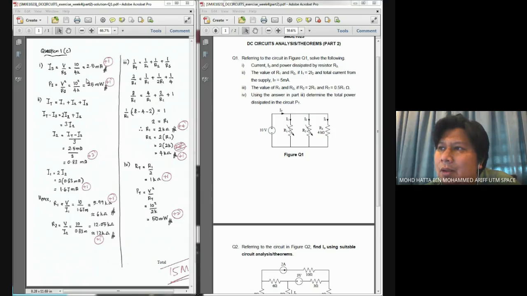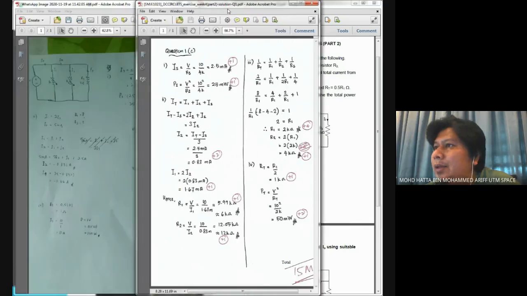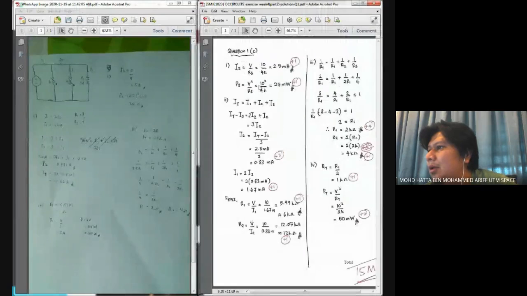Here, my answer, for calculating currents, I use a basic Ohm's law, where here I use V divided by R3, and it gives me 2.5 milliampere.